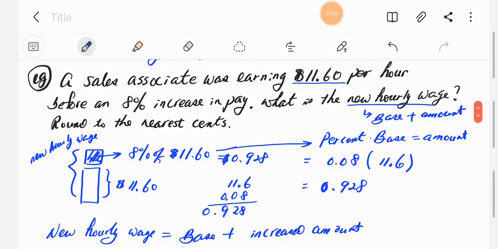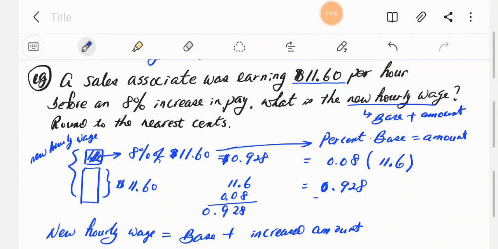Okay, so this is actually simple. What you have to do is draw a little diagram. So before the wage increased, 11.6 is the original amount. And from this original amount, there is 8% increase. So what you do is multiply 11.6 by 8%, which is 0.08.